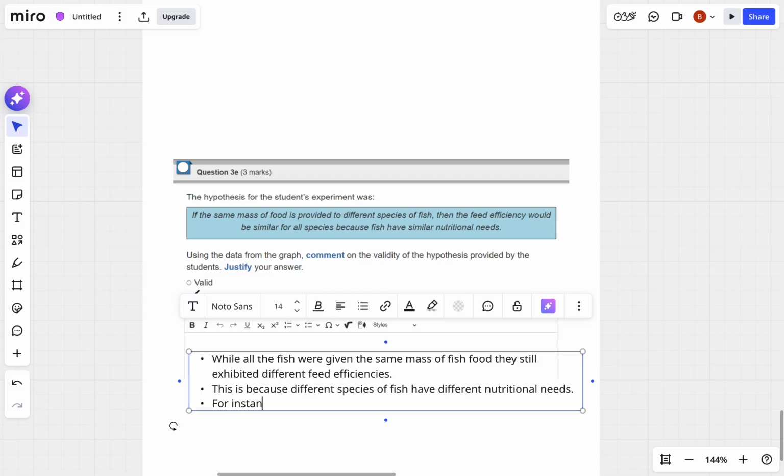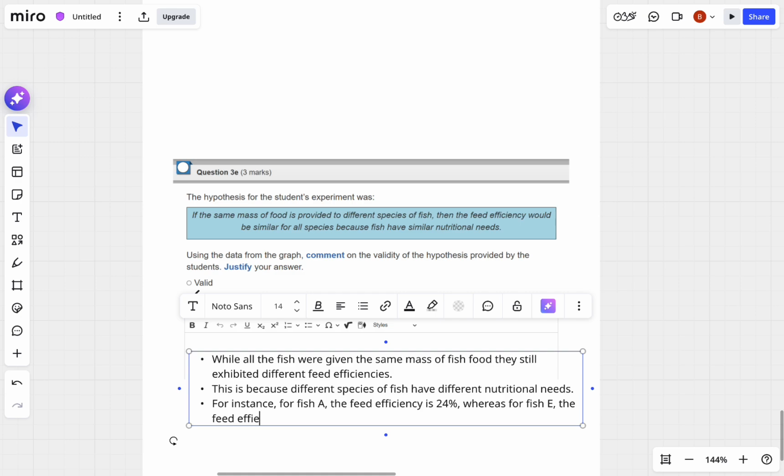For instance, for fish A, the feed efficiency is 24%, whereas for fish E, the feed efficiency is 70%.